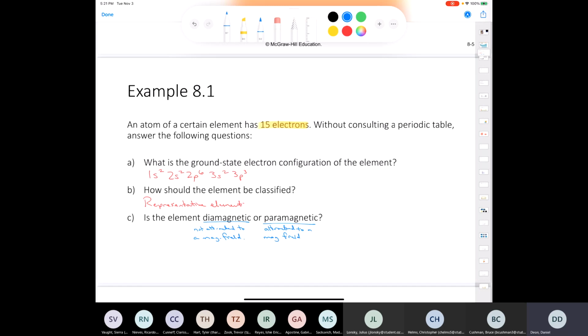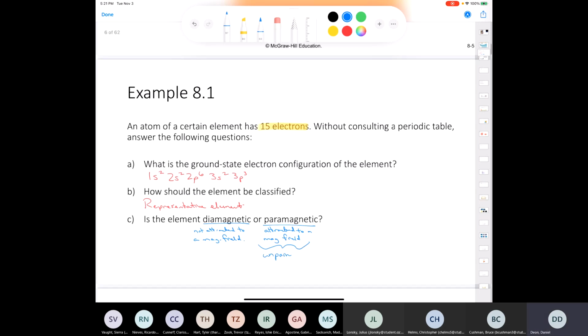And the reason why something would be paramagnetic is because it has unpaired electrons. And when something's diamagnetic, not only is it not attracted to a magnetic field, it's going to be slightly repelled by the magnetic field. And so all of its electrons are going to be paired up like that.